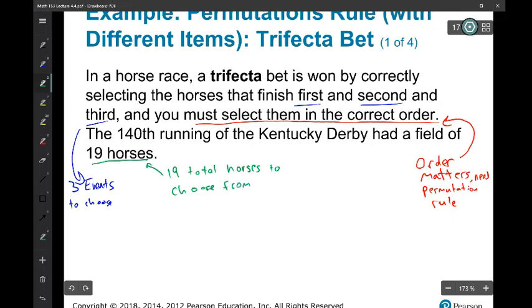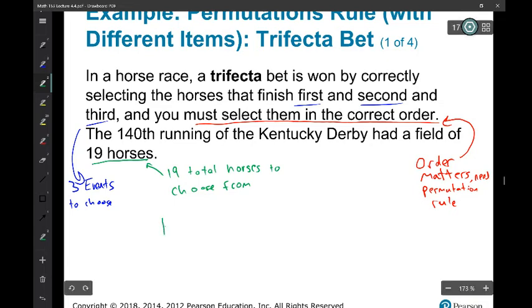So you could select any 3 horses, but then you have to choose which order they finish, which we saw that if you had 3 things, all the possible permutations was 6 from our example with the ABC arrangements of the letters ABC.